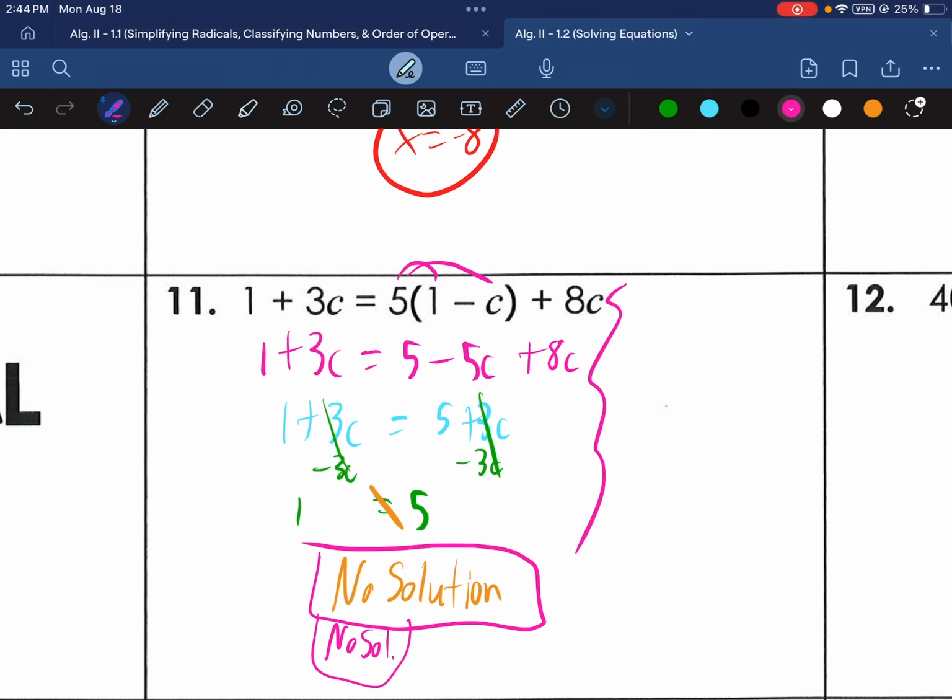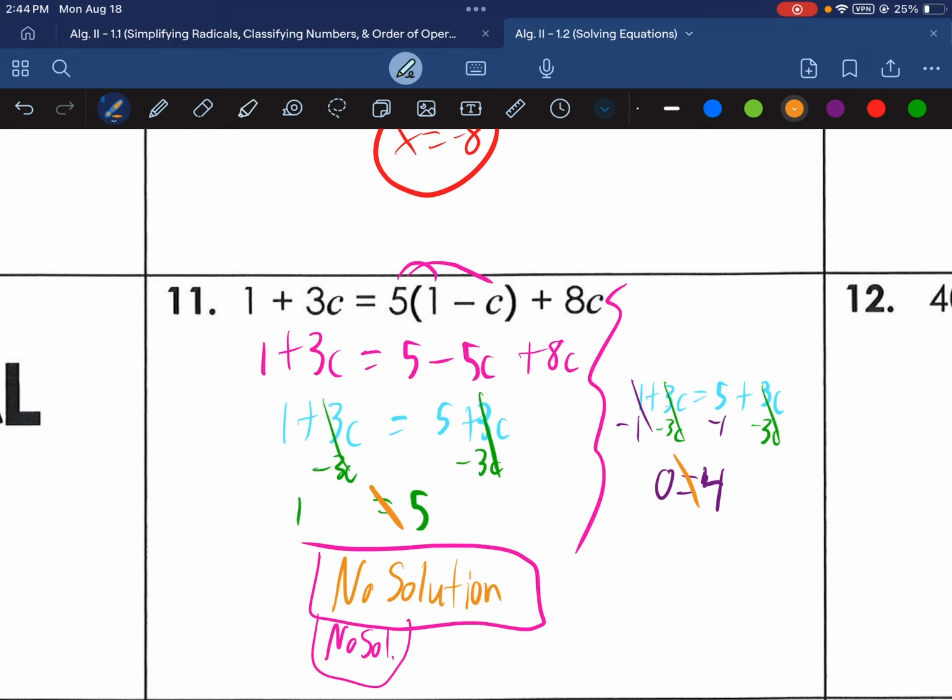If in this last step you would handle that slightly differently, I will show it on the right hand side here, by not only subtracting 3c, but also subtracting 1 or 5 from both sides, either way, you'd end up with 0 equals 4. Now that is equally incorrect as 1 equals 5. And so regardless, you end up with no solution.